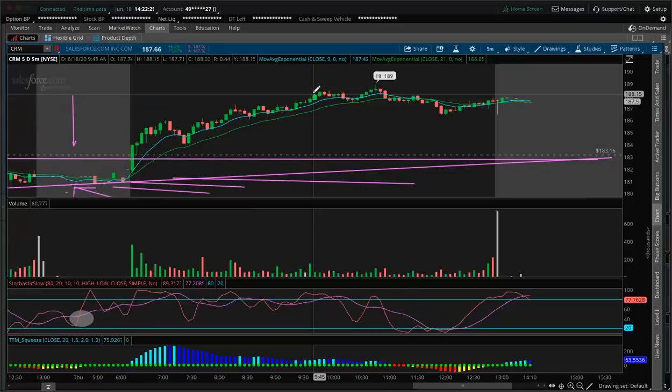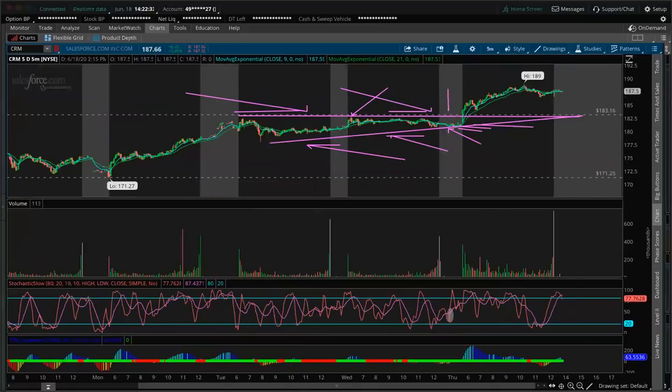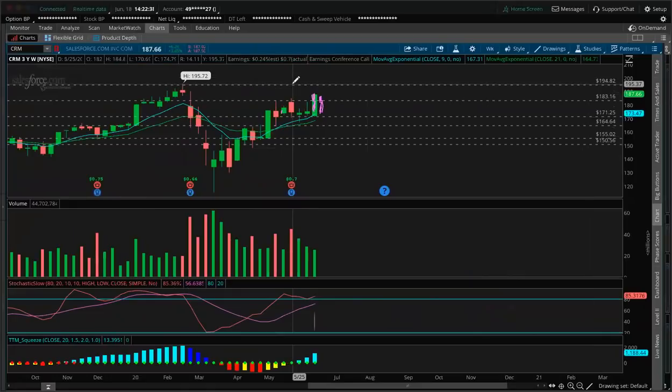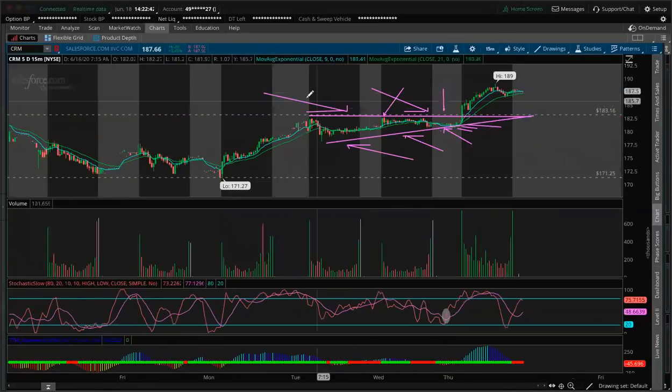What is the risk to reward on this trade? Where is the next resistance after this breakout? If I'm looking at the past week, I can't find a resistance level from last week.